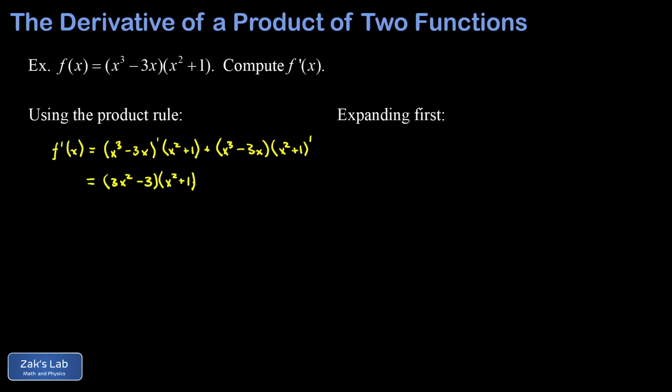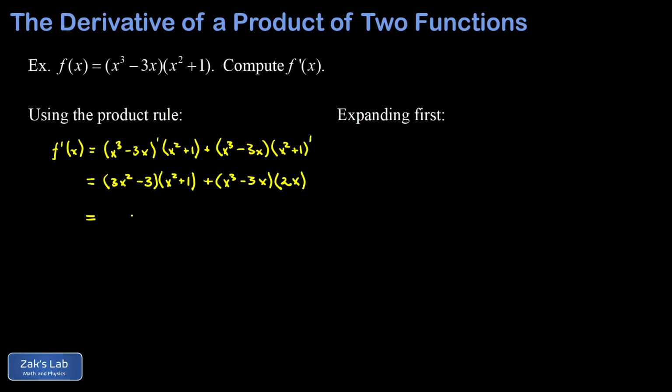And the x² + 1 was a spectator on that whole operation. Now in my second term, I leave my x³ − 3x and I differentiate x² + 1. Differentiating the first term gives me a 2x, and then the derivative of 1 is 0, so that piece is gone.